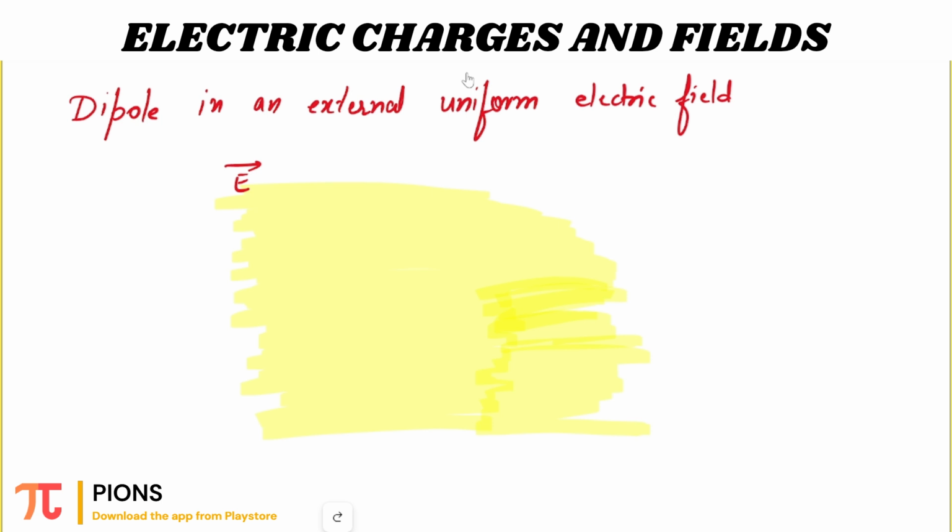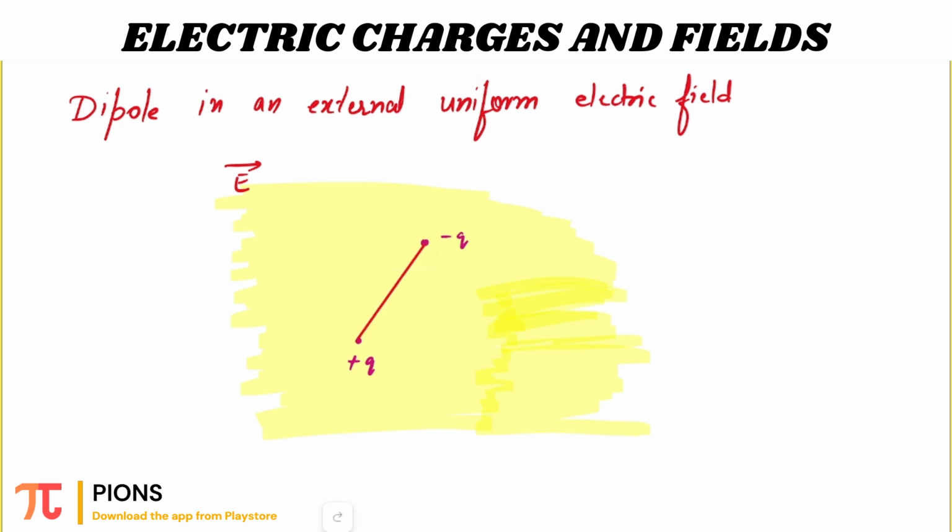In such a region, if I place an electric dipole, let's say this is a charge plus Q and this is a charge minus Q, and this dipole is oriented at any angle. Let me make it a little specific.